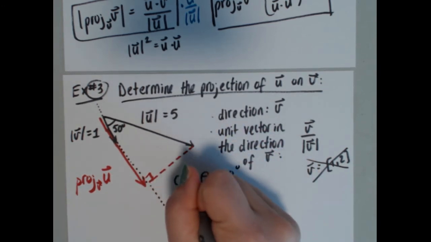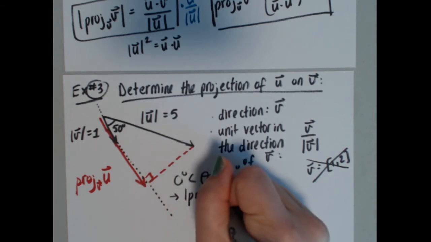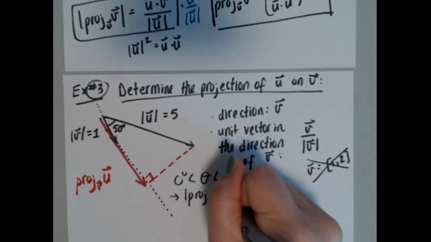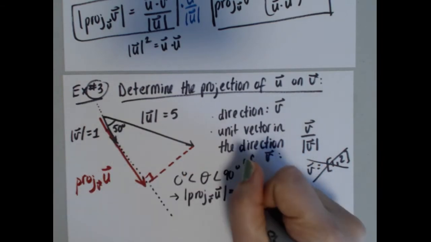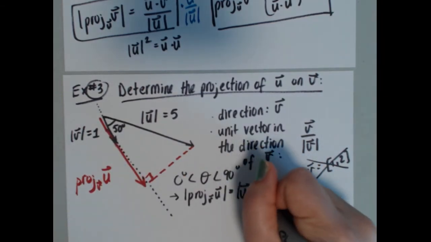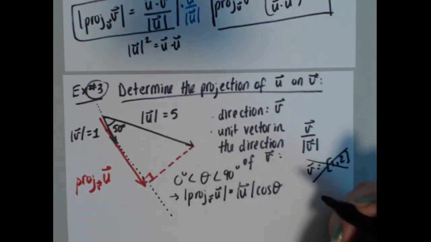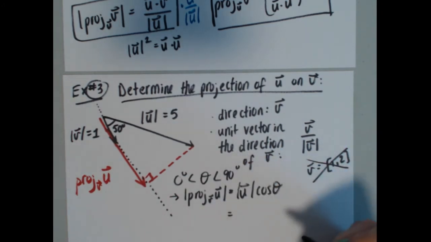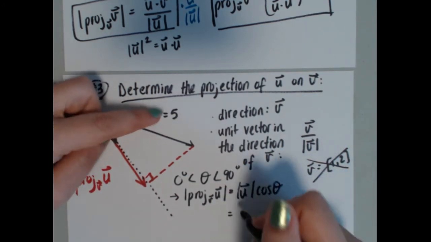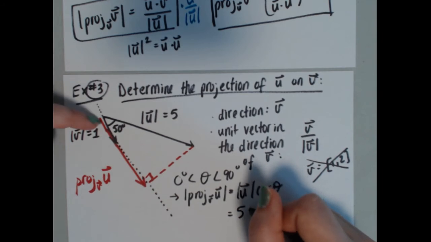So I'm going to use one of my formulas here. The projection of vector u onto vector v is equal to the hypotenuse of the right-angled triangle, the magnitude, times cosine of the angle between them. So u is 5 and the angle is 50 degrees.